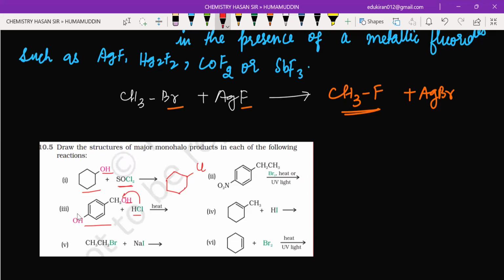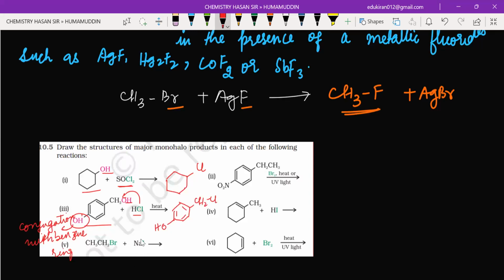You cannot replace this OH because it is in conjugation with the benzene ring, so there will be resonance. Hence the product will be: the benzene as it is, OH as it is, and this OH replaced by chlorine.